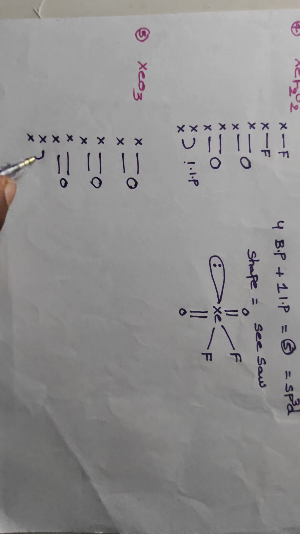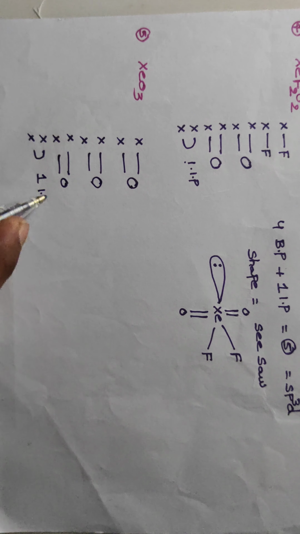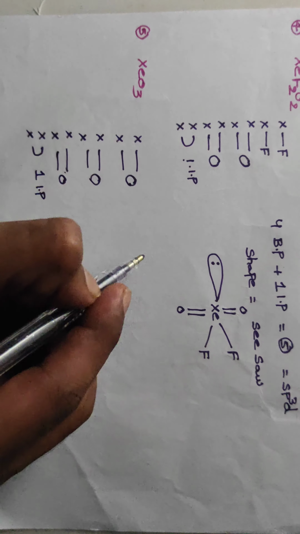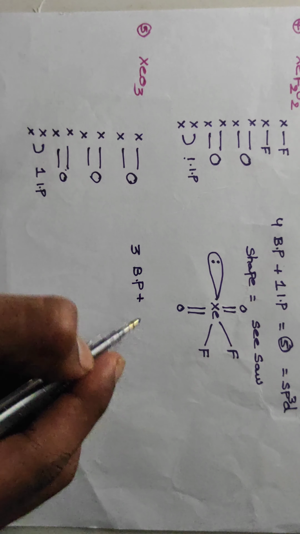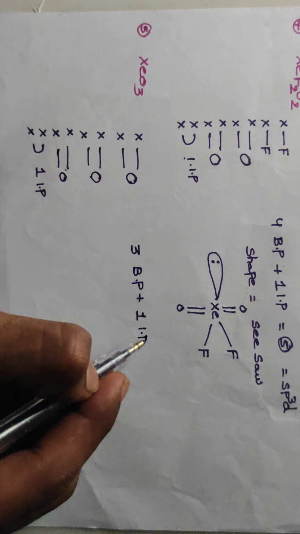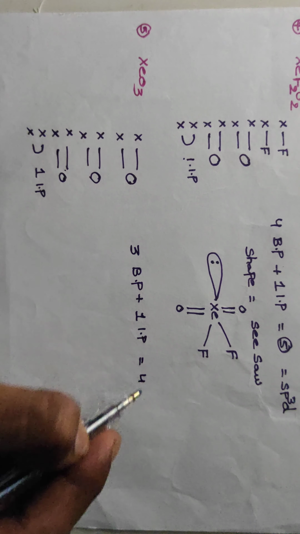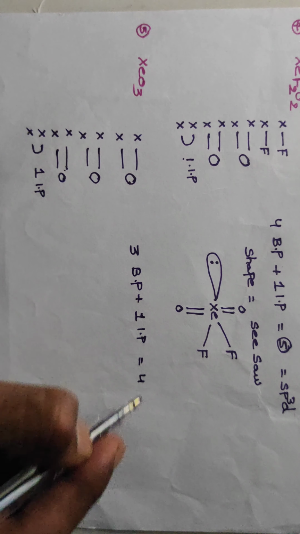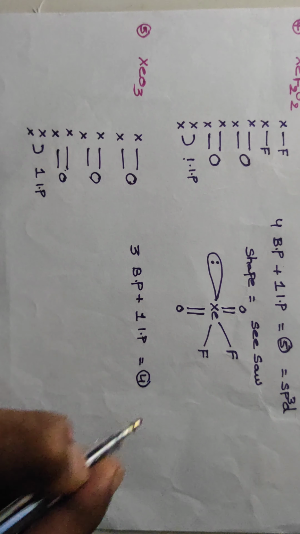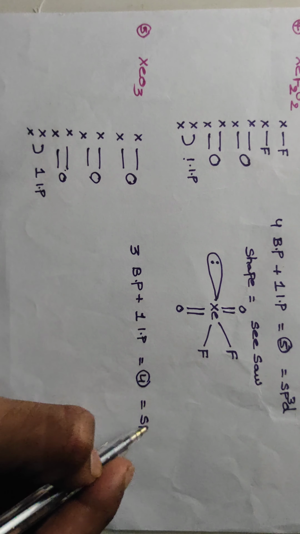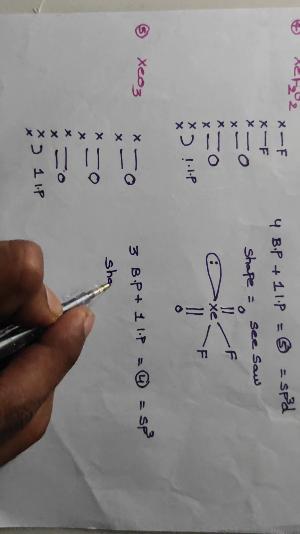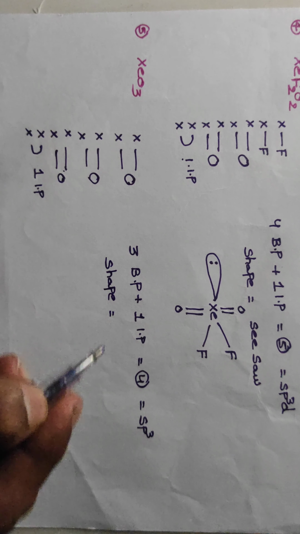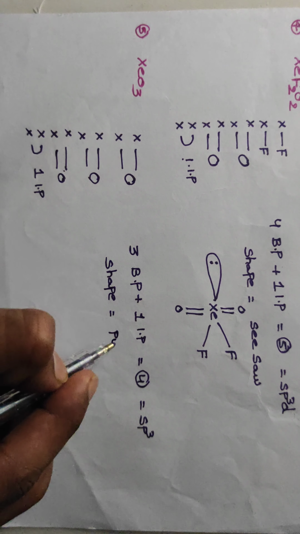The remaining 2 electrons act as 1 lone pair. So 3 bond pairs plus 1 lone pair, the number is 4. The number of bond pair electrons plus the number of lone pair electrons is equal to 4. So the hybridization is sp3, and the geometry is pyramidal.